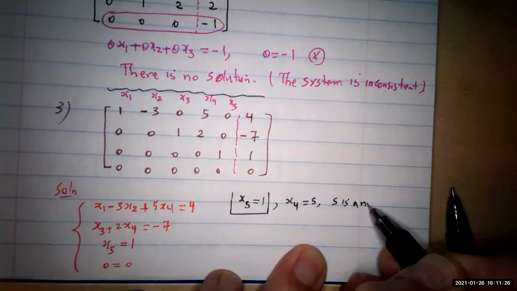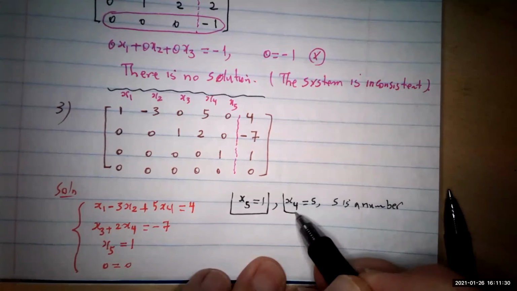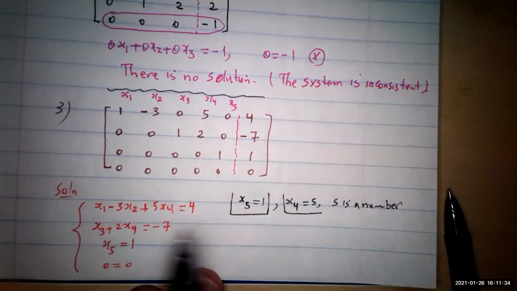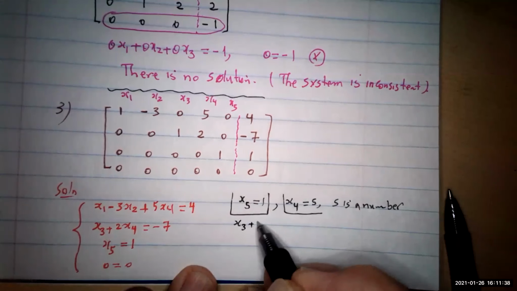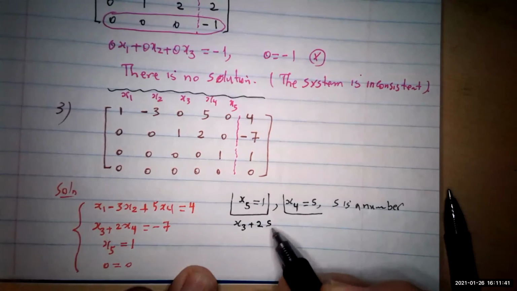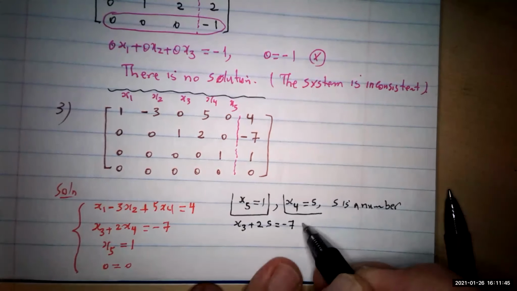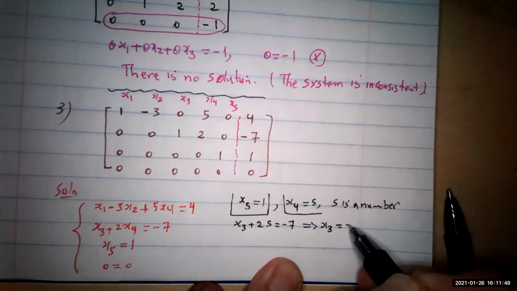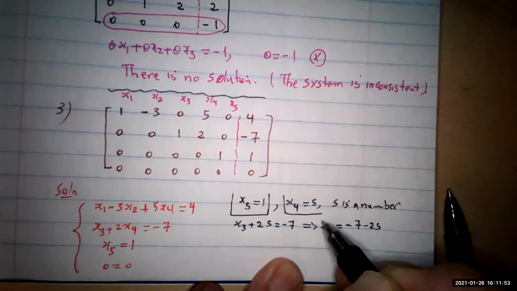It's a free number, can be any number. Now I have the x4, I can use this one to get the x3. So x3 plus 2s is equal to negative 7. So my x3 would be negative 7 minus 2s, when s is any number.